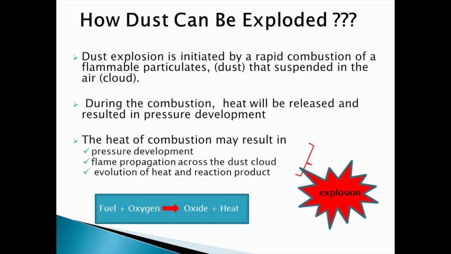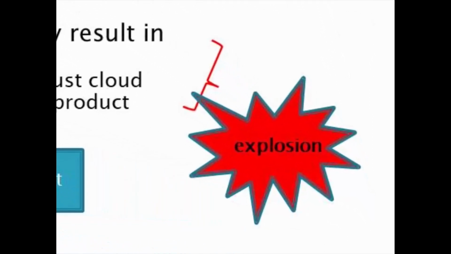During the combustion, heat will be released. The heat of combustion may result in pressure development, flame propagation across the dust cloud and the evolution of heat and reaction product. The magnitude of the pressure rise can describe the explosion violence.